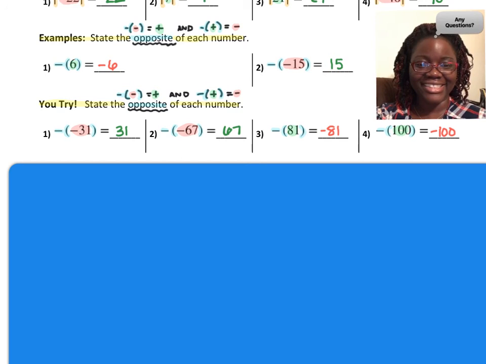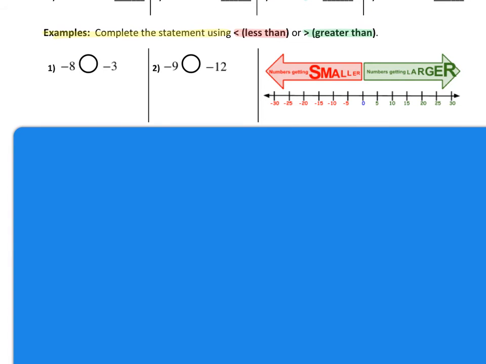Let's look now at our next set of examples where we're going to complete the statement using the less than symbol or the greater than symbol in order to compare the two integers that they give us. To help us do this, we can visualize our number line. On that number line, we're going to plot the first point, and then we can plot the second point.